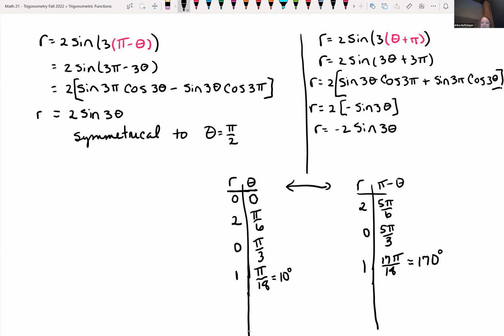If we did pi ninths, if I plug in pi ninths, multiply that by 3, that would give me pi thirds. So sine of pi thirds is √3/2, and I'd have 2 times √3/2, which is √3, approximately 1.7.